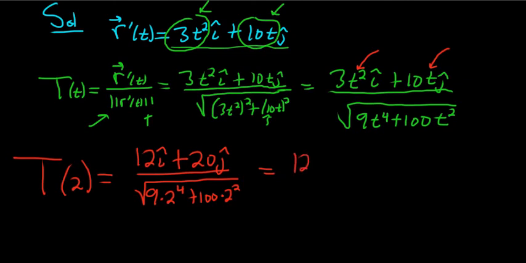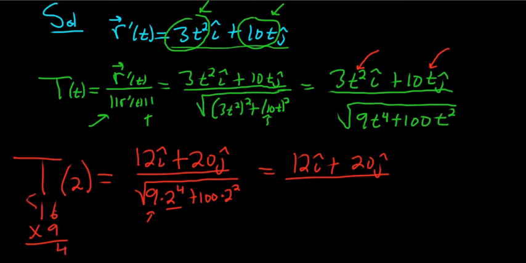So this is equal to 12 i hat plus 20 j hat over, and 2 to the fourth is 16, so it's 9 times 16. 9 times 6 is 54, you carry the 5, old school. 9 times 1 is 9, so 144. And this is 100 times 4, which is 400.